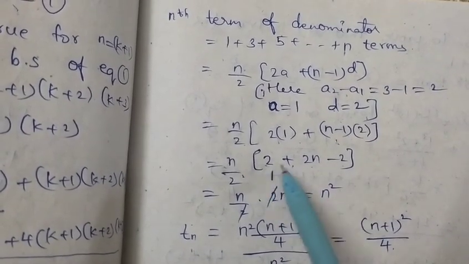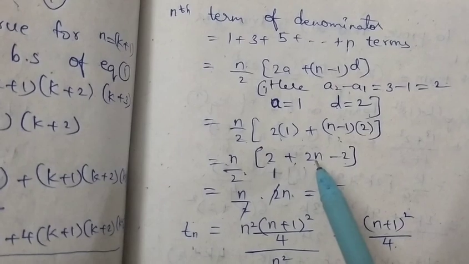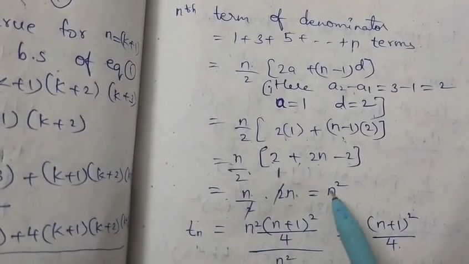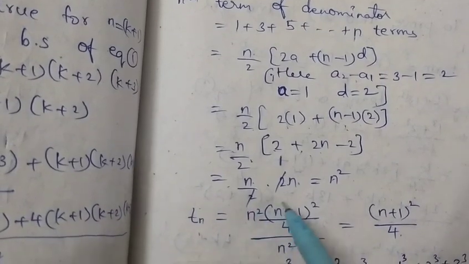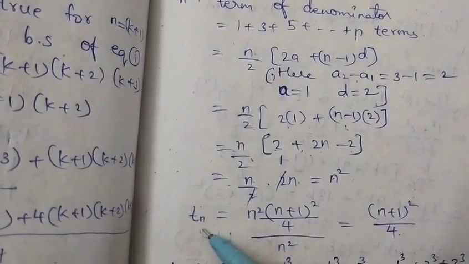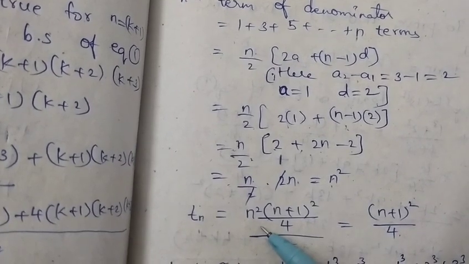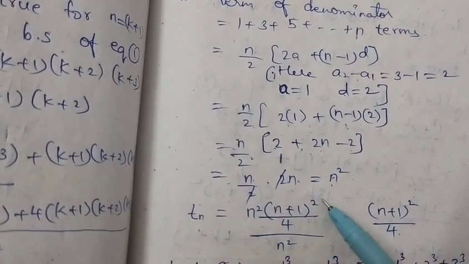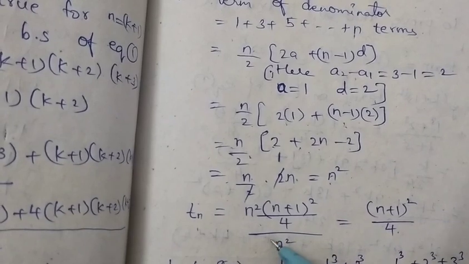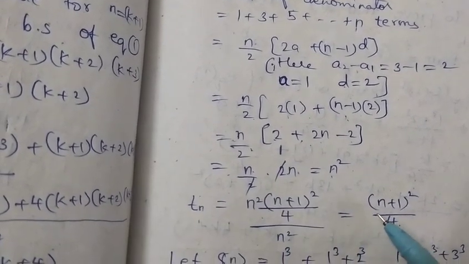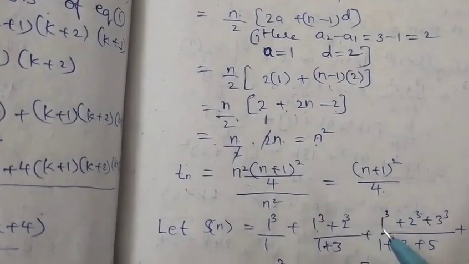So plus 2 and minus 2 will cancel and we will remain with 2 into n, which is n by 2 into 2n, which is equal to n square. Now check the tn term. You got the denominator as n square, and the numerator is n square into n plus 1 whole square divided by 4, whole divided by n square. N square will cancel, and you will remain with n plus 1 whole square by 4.